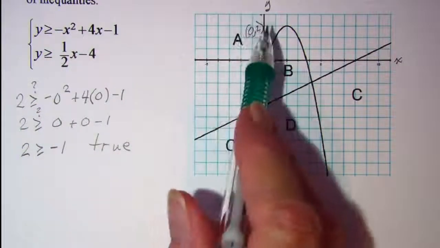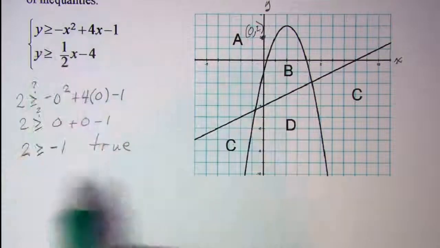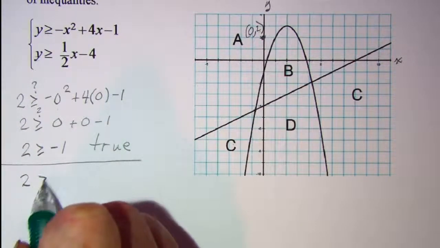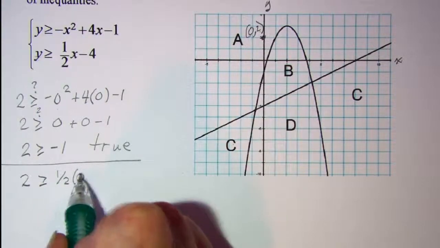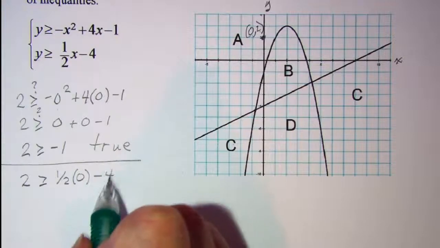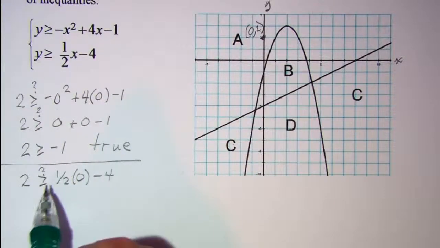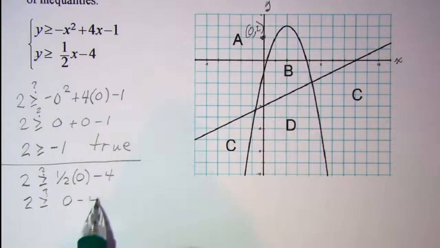So our y value again is 2, so we'll put it into our second inequality. And we have 2 is greater than or equal to 1/2 times x, which is 0, minus 4. We're still checking, we don't know if it's true or not. 2 is greater than or equal to 0 minus 4.